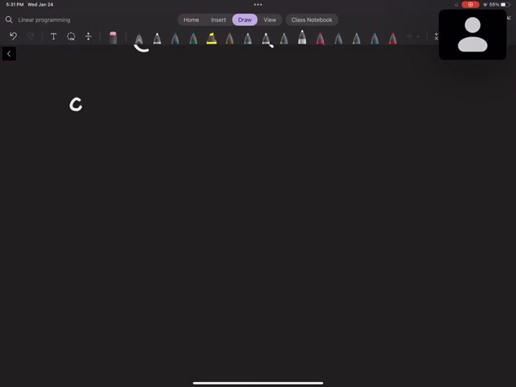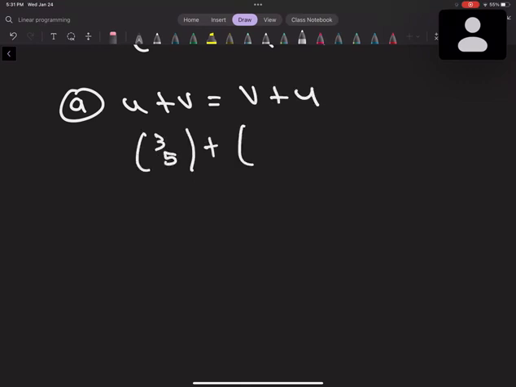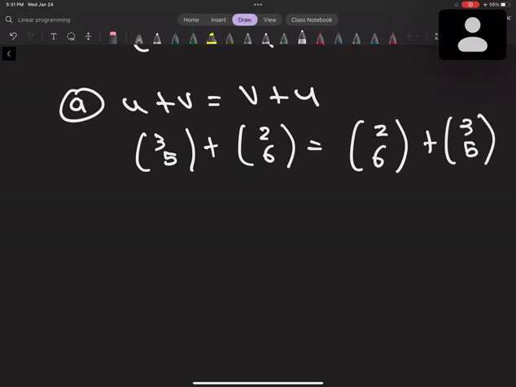So property A says U plus B equals B plus U. What does it mean? It means 3, 5 plus 2, 6 and 2, 6 plus 3, 5 is the same. That's no big deal.